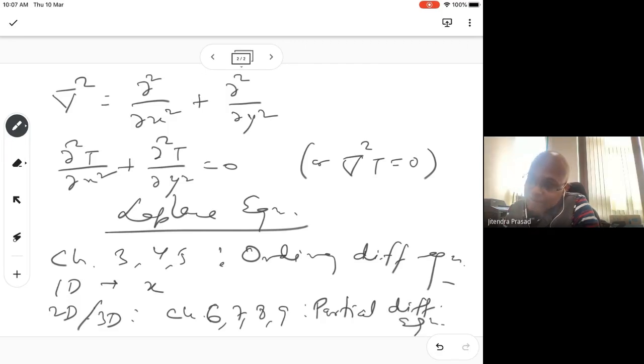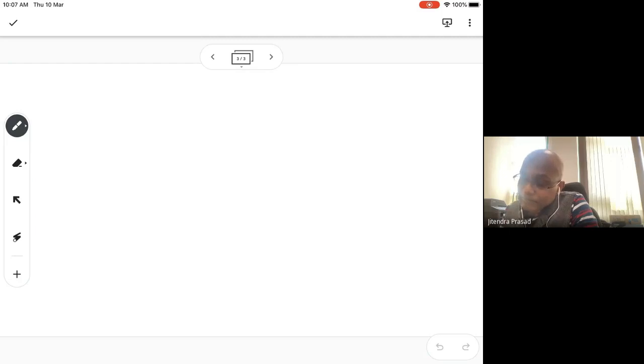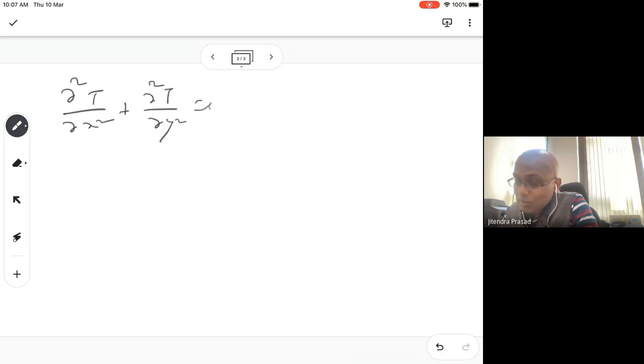As such, finite element analysis is basically the solution of partial differential equations. The original equation we want to solve is del square T over del x square plus del square T over del y square equal to 0.